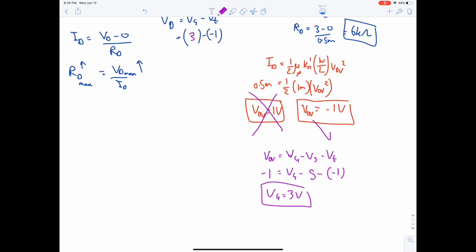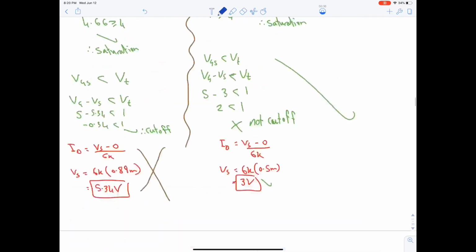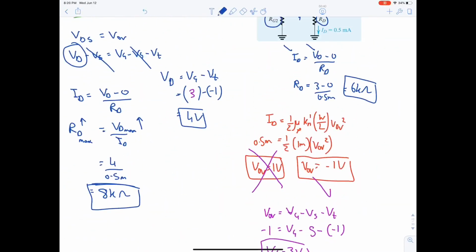Plugging 3 here, we will get 4 volt. So it's 4 divided by 0.5 milli, which is equal to 8 kilo ohm. This is the largest number. It's even bigger than the 6K here.